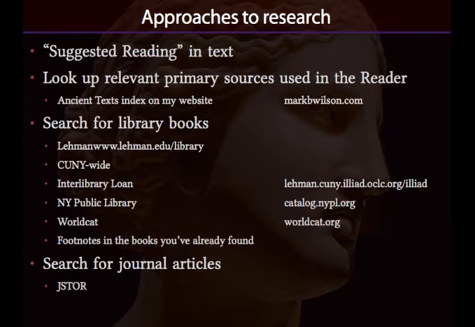And JSTOR and these other databases have PDF versions of the articles available in their entirety. So generally speaking, if these databases have the journal that you need, you don't have to actually go and track down a physical copy. So you'll have versions like the articles that I provided for the course.